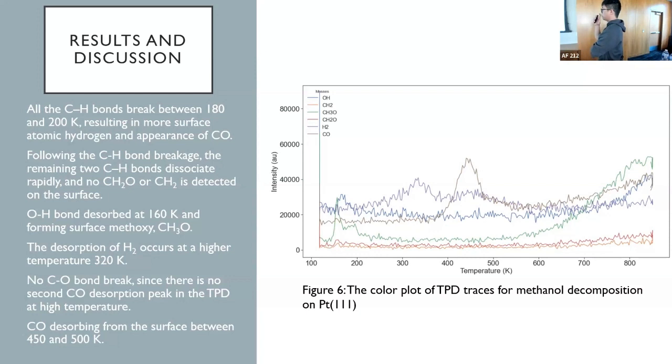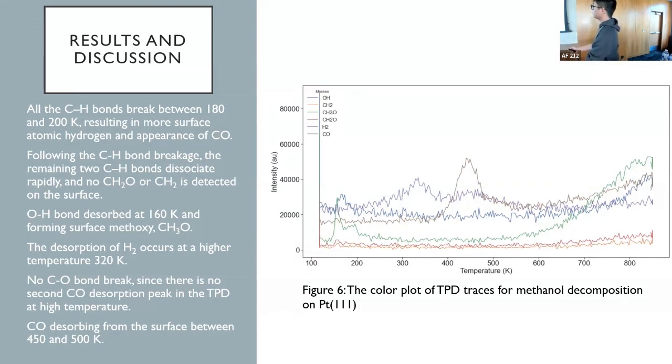And after that, we will see the remaining C2 dissociate rapidly. This is because when we break this first CH bond, the activation energy barrier will be broken, and the other CH also dissociates.